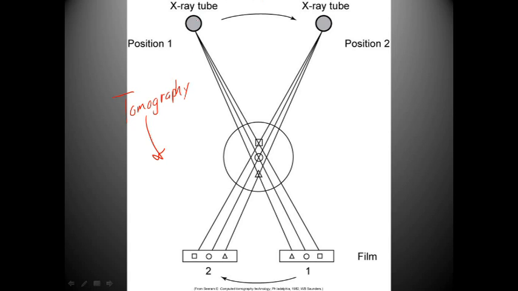You have the X-ray tube up above, and the X-ray tube goes back and forth, and you have film that varies in location. So the film is tied to the tube, and so when the tube moves one way, the film moves the opposite way. You have the patient here.